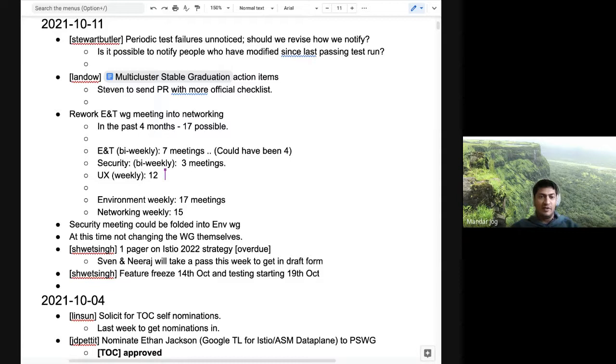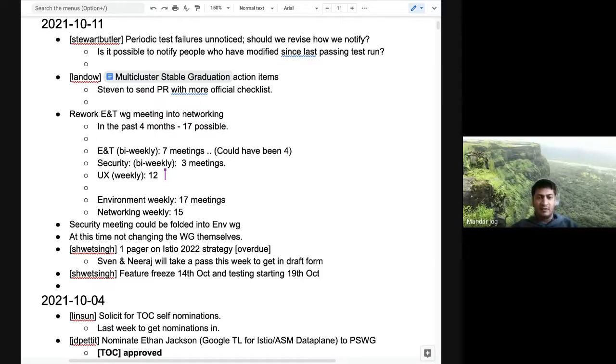The reason we should look at these 2 consolidations is that it increases attendance, and there is more likelihood that important things are discussed.